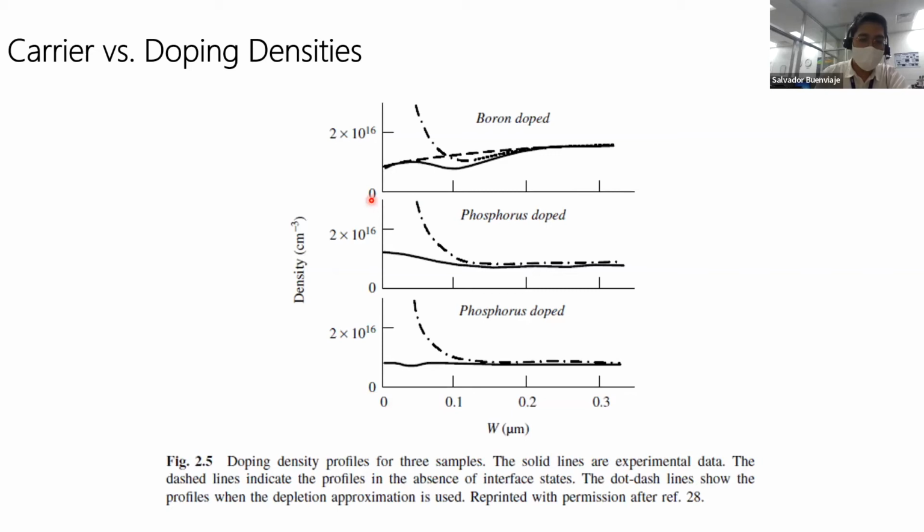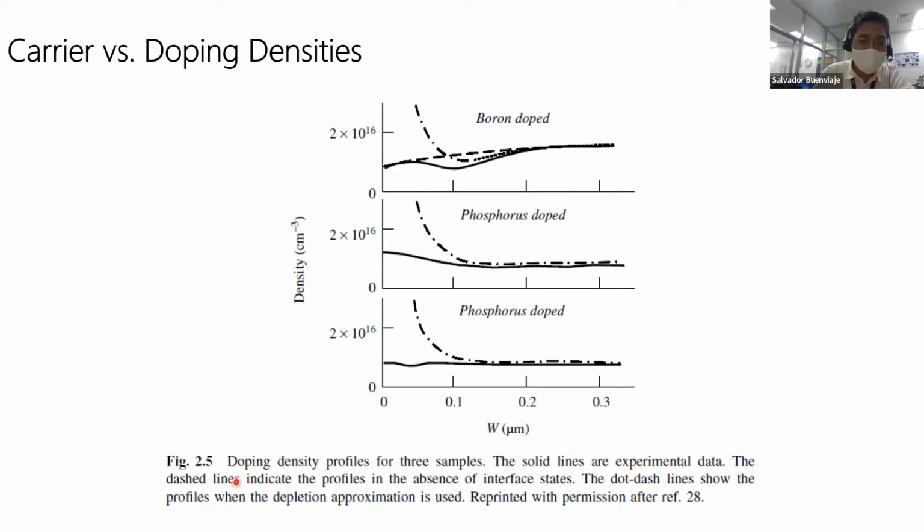So this is just another graph to highlight the difference between these two quantities. The solid lines are the experimental data or the doping density.